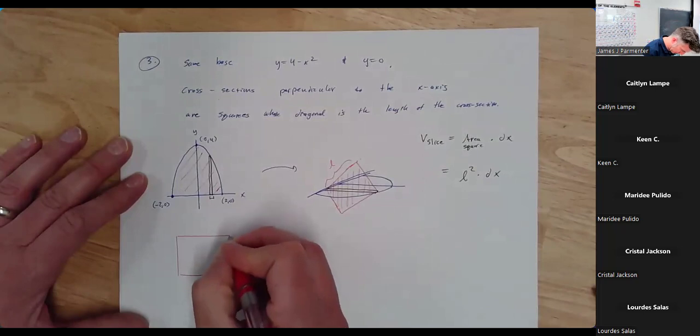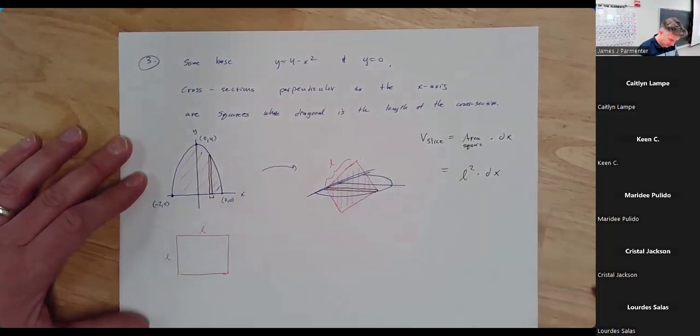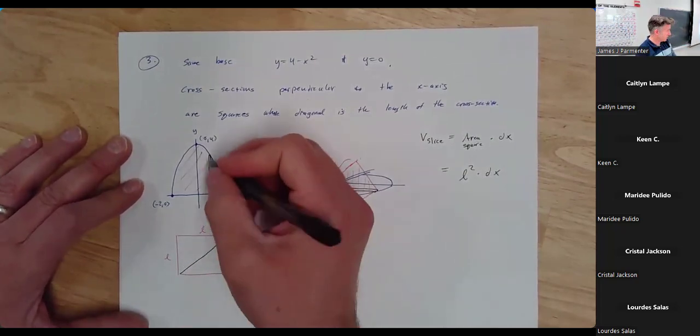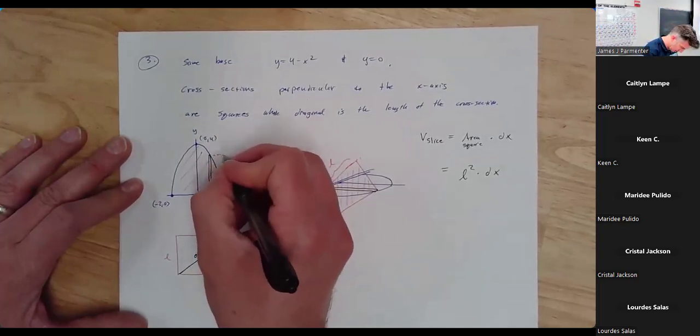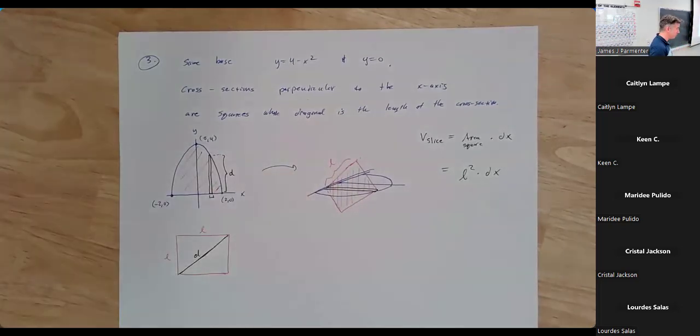So here's the square I'm trying to find the area of. That's the length. That's the length. And the diagonal is actually the thing that's this. So this length here is that length there. That's what I actually have to work with. So let's try and get our formula in terms of that, and then we'll figure out what that is.